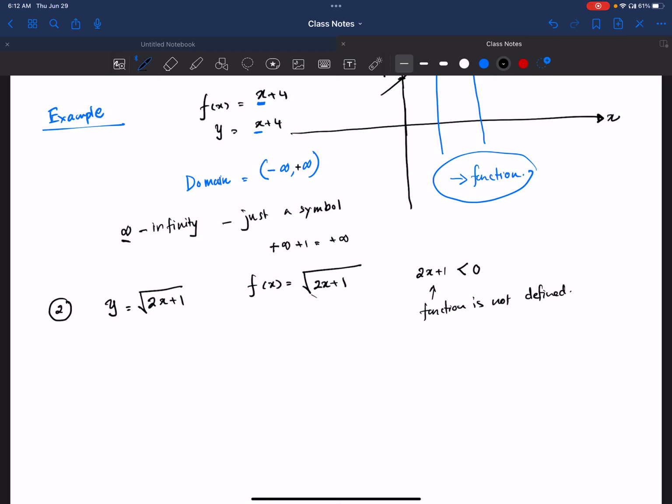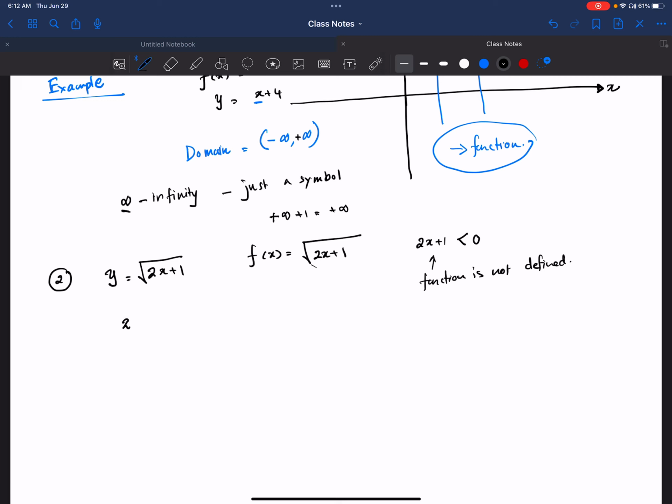So how do we pick? We know that for f of x to be well defined, 2x plus 1 should be greater than or equal to 0. Oh, inequality. Have you talked about inequalities? Yes, you have. So there are some rules that you use when you're dealing with inequalities.